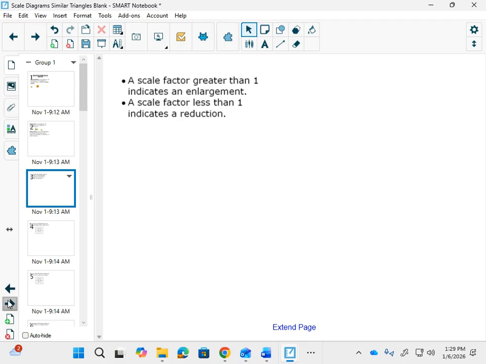So if your scale factor is bigger than 1, so if you said by a factor of 2, you would be making it bigger. If your scale factor is less than 1, if you had a scale factor of 1/2, then you would be making something smaller.